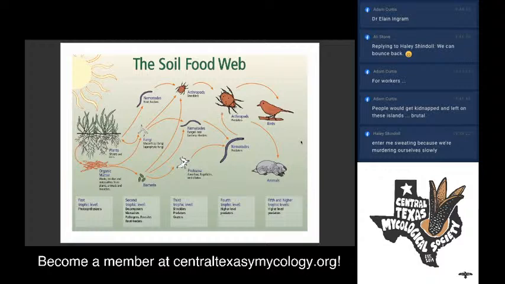Like on one of those evenings when I was out in the backyard stargazing, listening to the insects chirping and the crickets singing, it kind of occurred to me that if they stopped doing what they're doing, because of their keystone role in the soil food web, as far as breaking down bits of fungi and bacteria, then we wouldn't be able to live. And so we really owe them a lot of thanks for their singing.